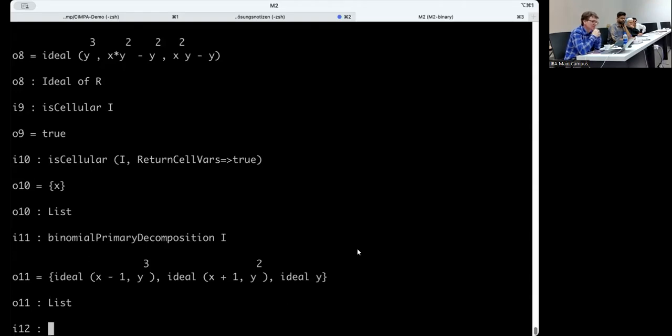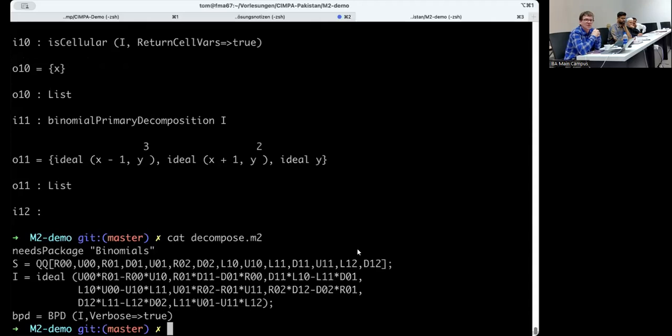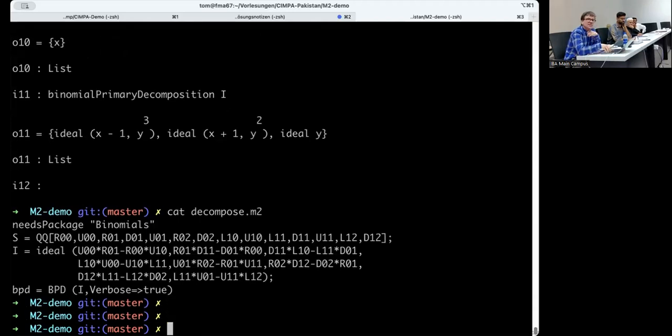So you read this paper from Markov chain theory about some processes, and in there's a nice binomial ideal, and the authors of this paper were interested in whether this ideal is radical. So whether its primary decomposition consists only of prime ideals, and this happens apparently for one of the families, but there's also a counterexample that was computed with this binomials package. So let's finish by running this file, decompose M2.